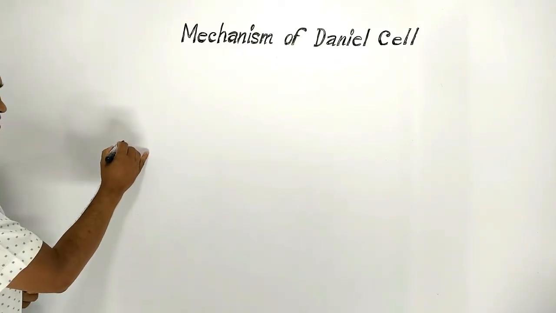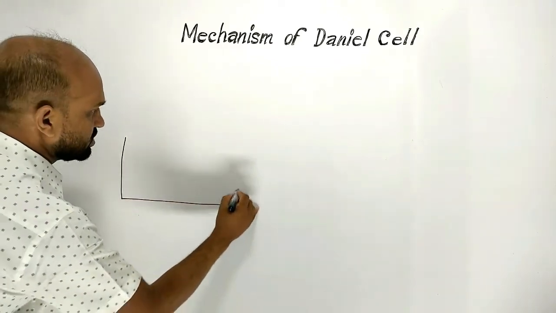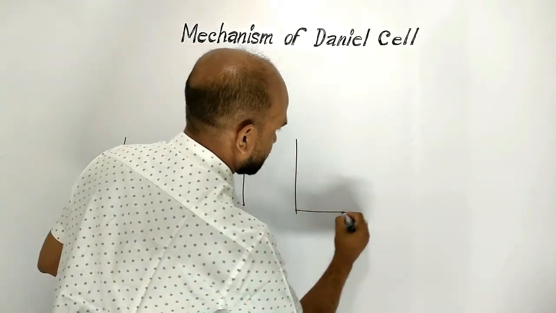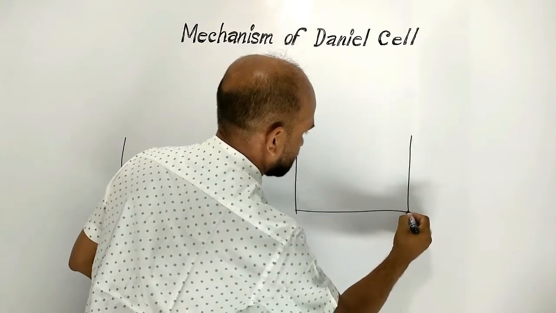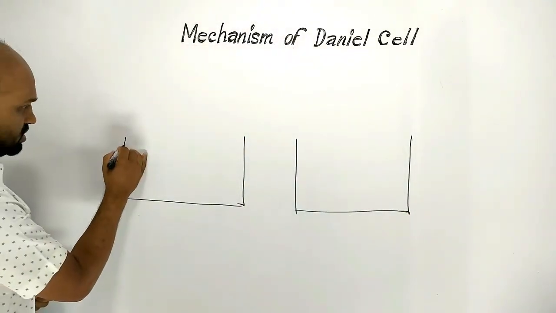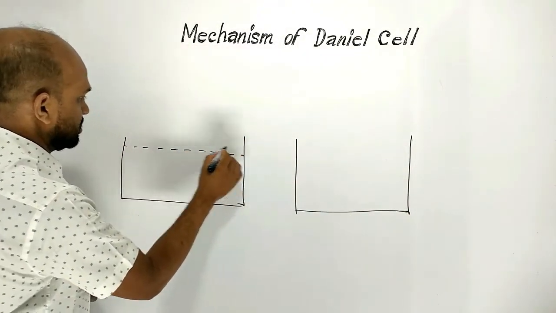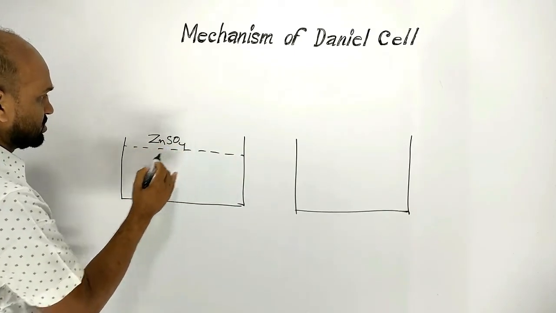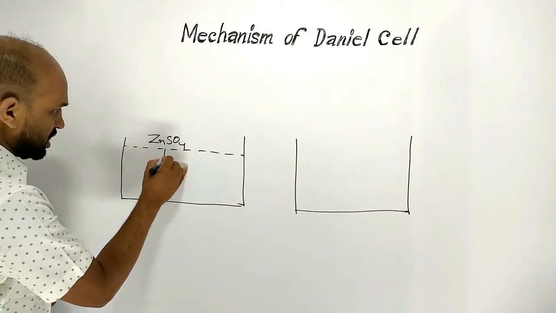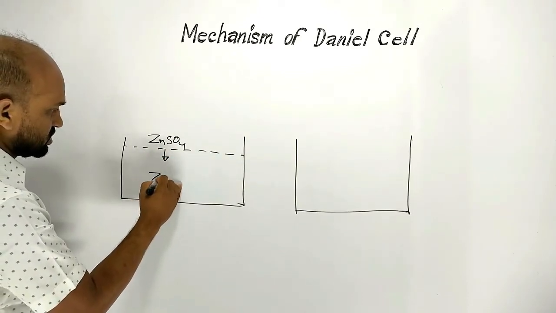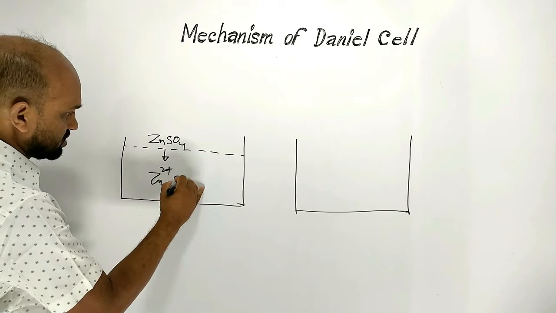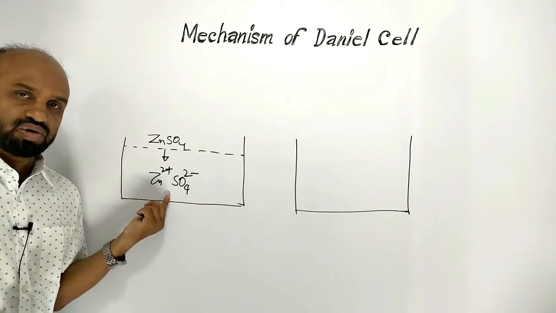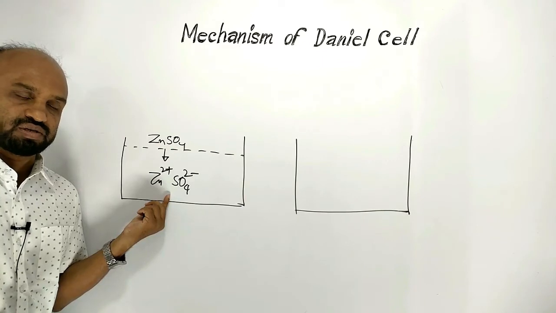First of all, two glass vessels or ceramic vessels are taken. In one vessel, a solution of zinc sulfate is taken, which ionizes to zinc 2 plus and sulfate 2 minus. This is the electrolytic solution of zinc sulfate.